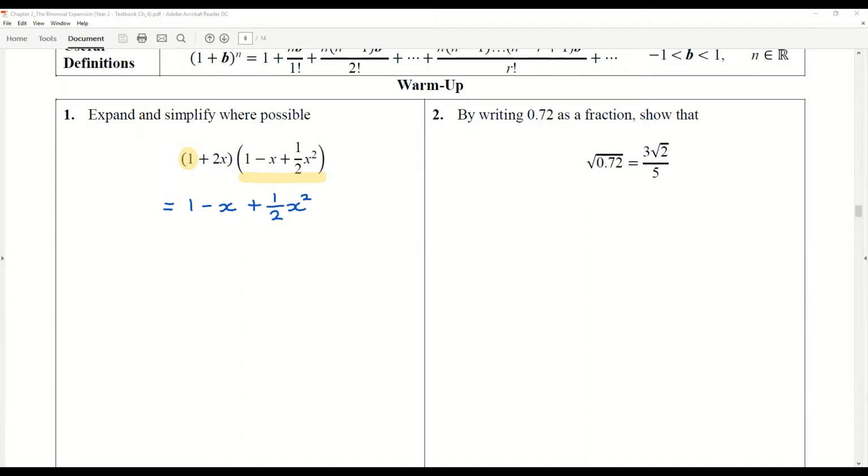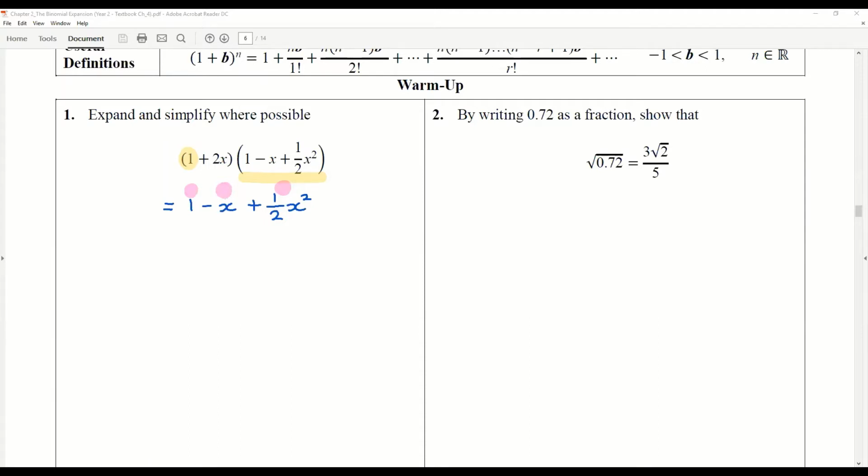And I alluded to this in the previous lesson. If you consider, well, this can be the constants column, this can be the x column, and this is the x squared column, then as long as I'm consistent with that, it'll be easy for us to add like terms.